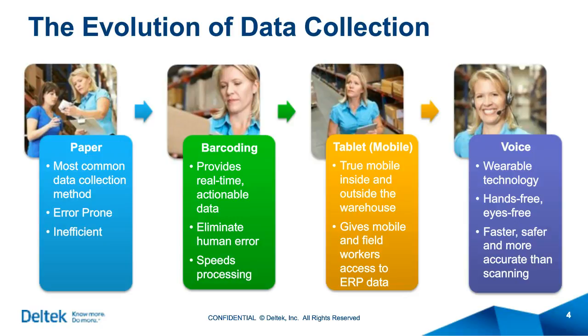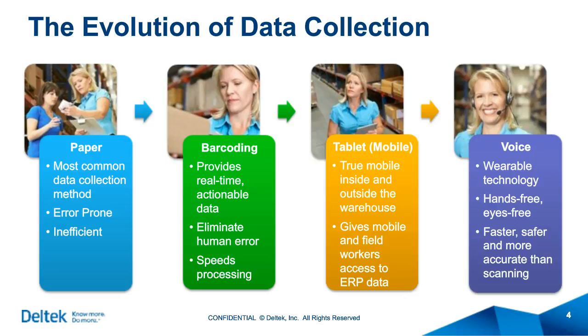From barcoding inside the four walls or inside the distribution center or manufacturing facility, we see the need has grown now to outside the four walls and really more into a true mobile environment where I have field workers that need access to the data in the ERP and need to be able to update and validate information into the ERP system.